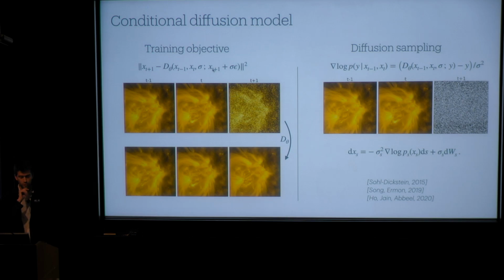I'm going to repeat your question. Your question was, what is the source of the noise in these two images? Because it's a bit algebraic here. What we do is we have this x_{t+1}, which is an observation in the future. The epsilon here is a pure white noise, and sigma is the strength, the scale of your noise.